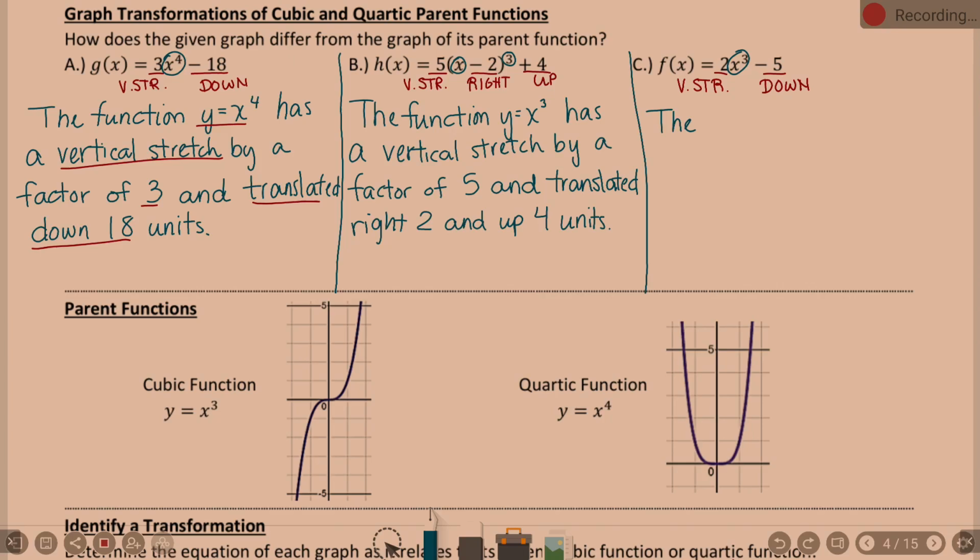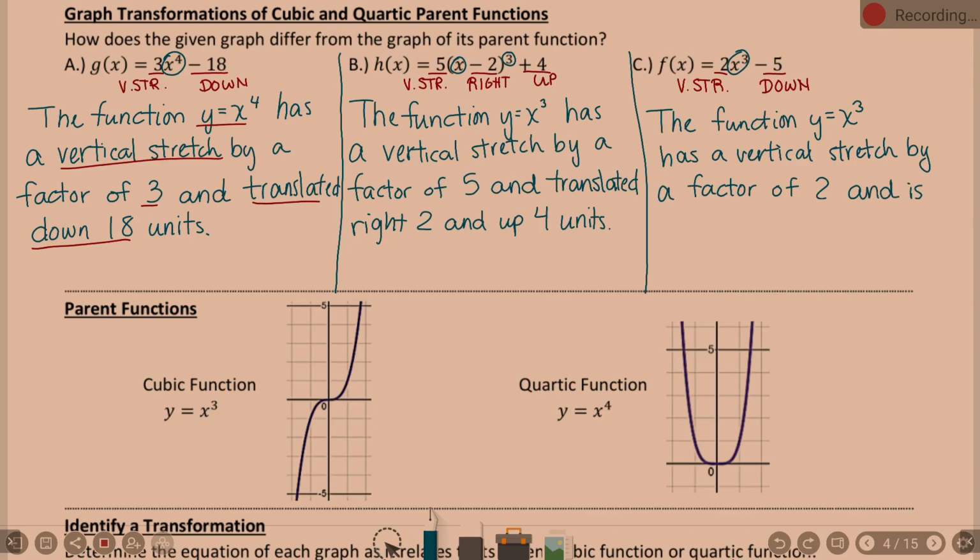So, the function, the graph y equals x to the third, has a vertical stretch by a factor of 2 and is, I used translated, maybe you said moved, shifted, down 5 units.